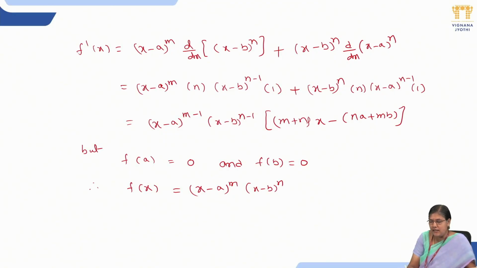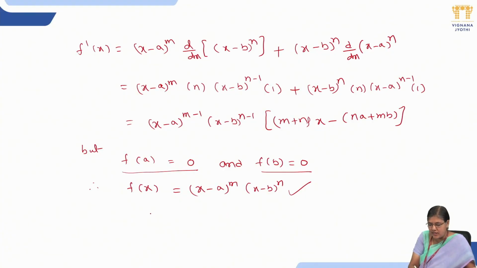First, f of x is a polynomial function, and every polynomial function is continuous and differentiable. Therefore, f of x is continuous in the closed interval a comma b, and differentiable in the open interval. And also, f of a is equal to 0 and f of b is also 0.